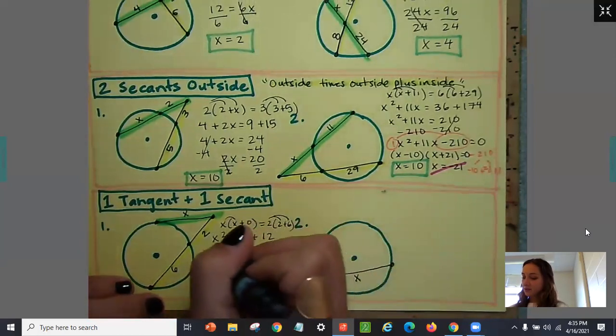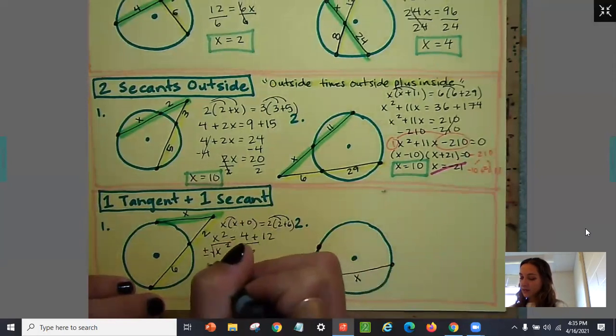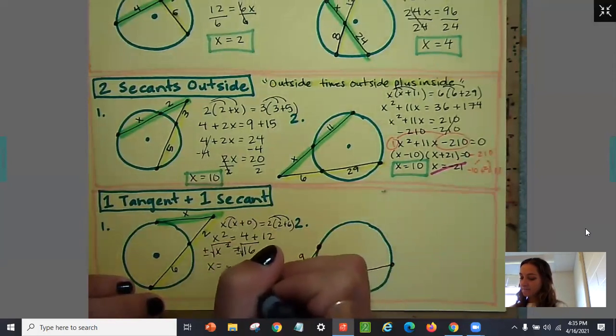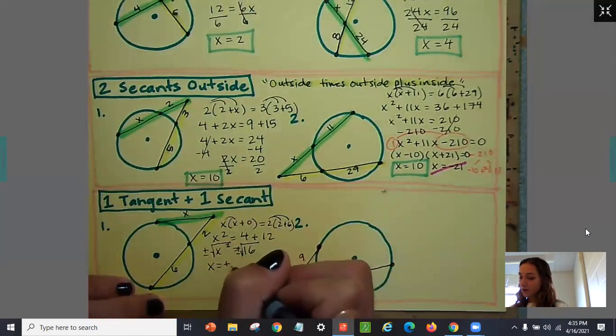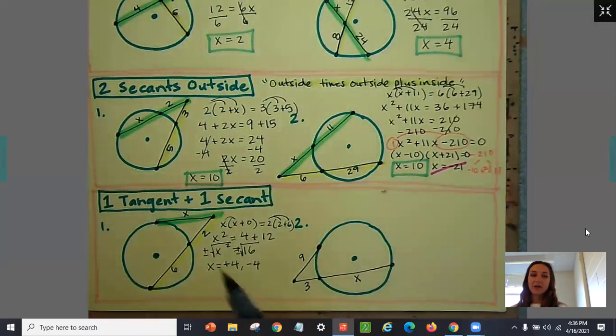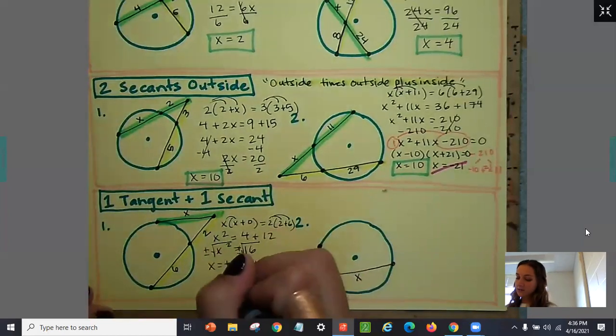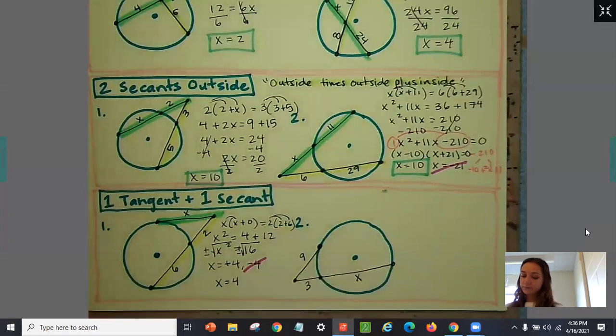We're going to have to take the plus or minus square root of both sides. And we're going to get x equals positive 4 and x equals negative 4. But again, we cannot have a negative measurement right here. So we're just going to reject the negative and we're going to keep the positive. So our answer here is going to be x equals 4.